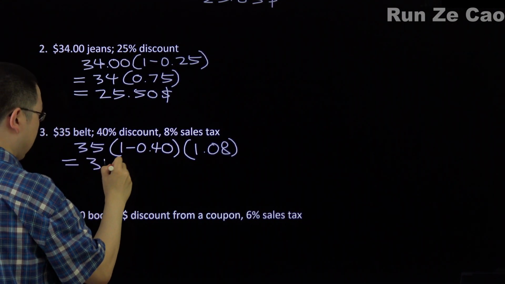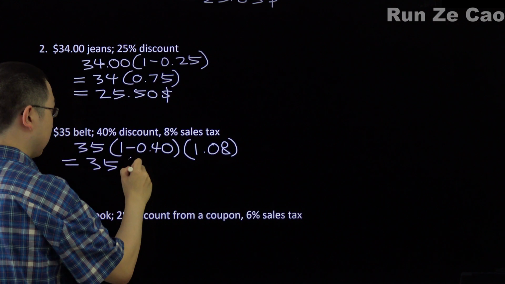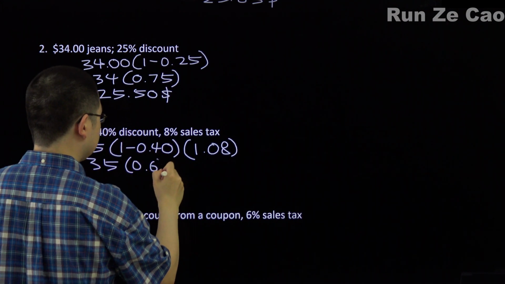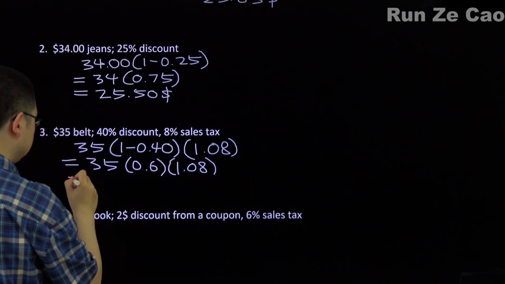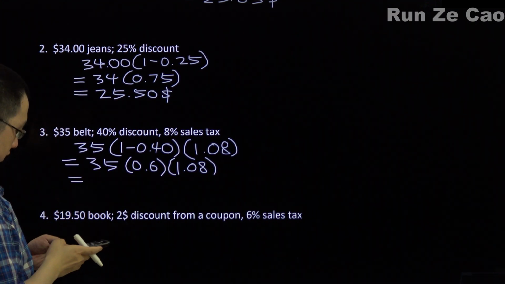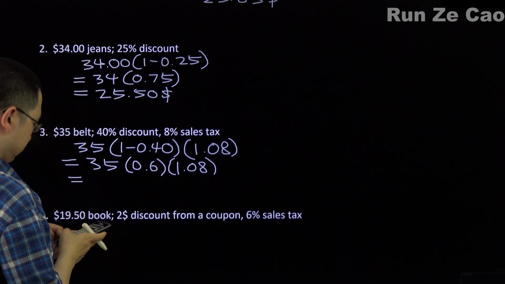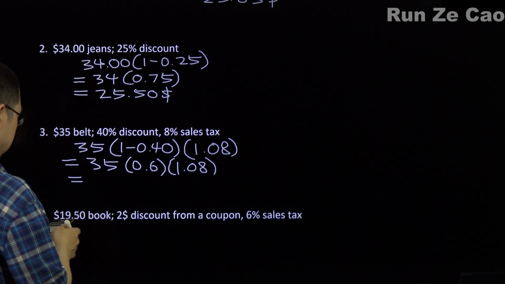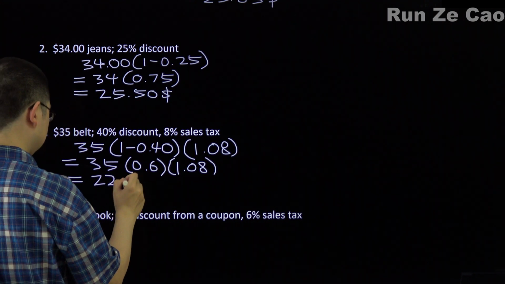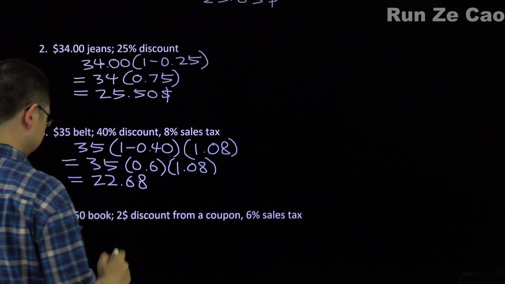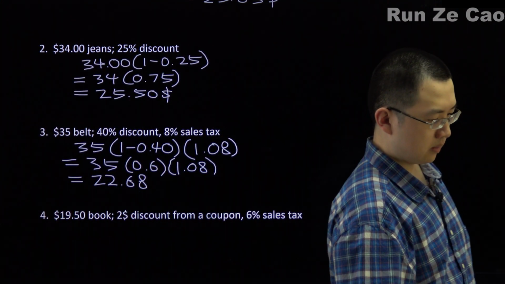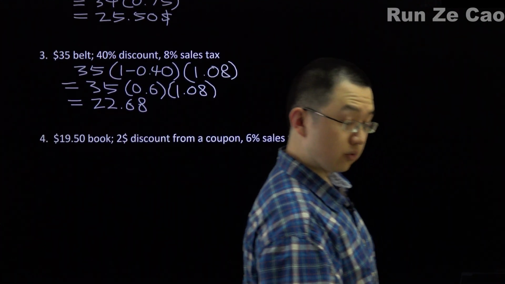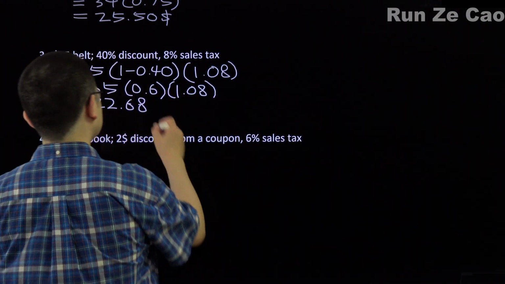So 35 times 0.6 times 1.08 is 22.68. And the units are dollars.